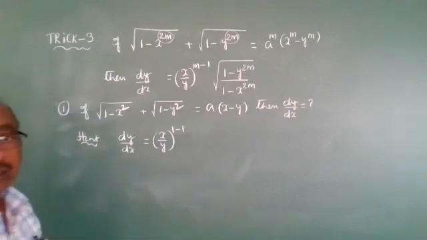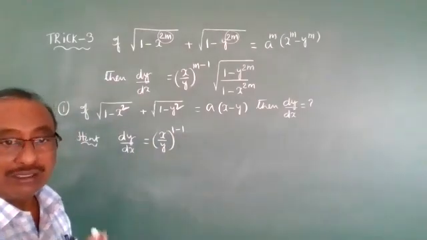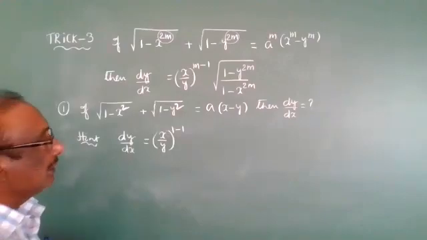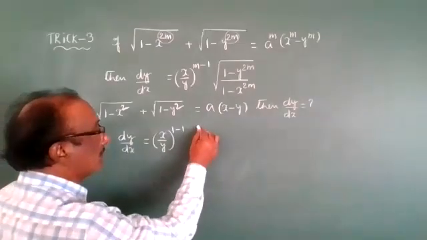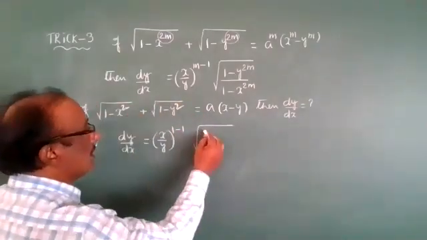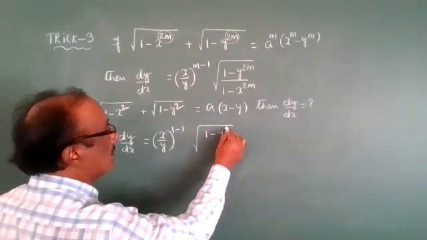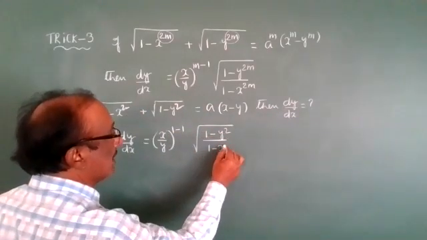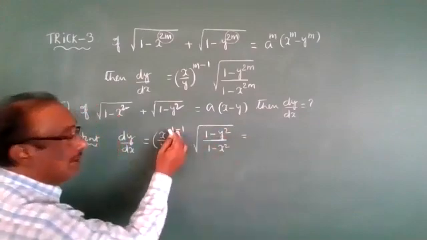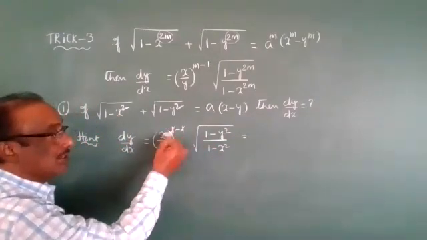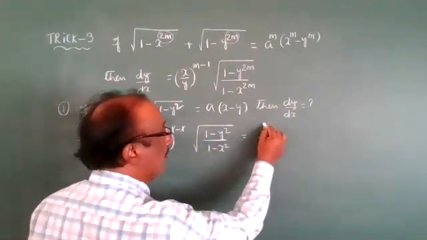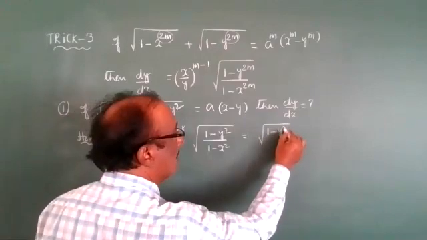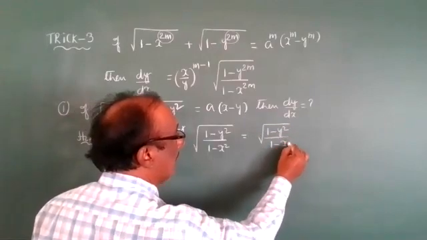So 2 half power is 1, and 1 minus 1 is the power, root over this term by this term: 1 minus y square by 1 minus x square. The power is 0, the value is 1. Therefore the simple answer is 1 minus y square by 1 minus x square. Simple.